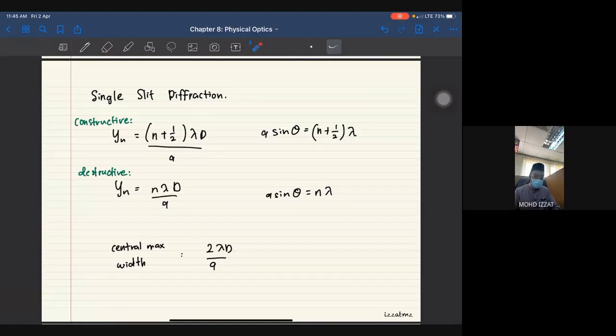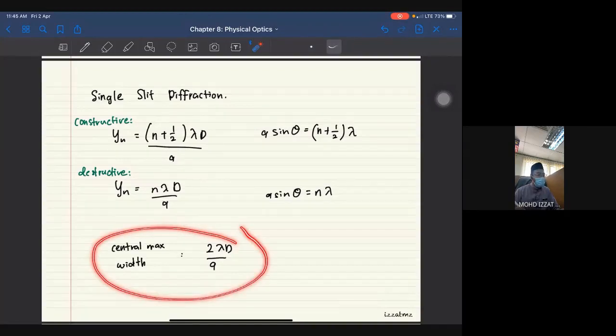It is just to differentiate them. Before, we had the formula delta y equals lambda D over d. Now we have the central max width formula.